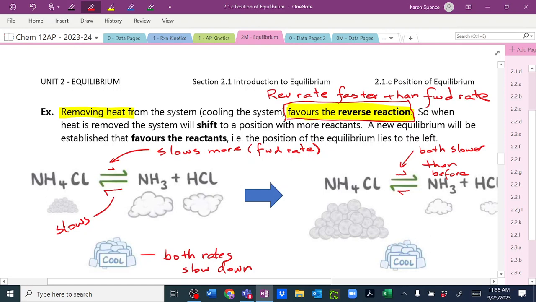And I'll let you know right now that from this, I can tell that the forward reaction is the endothermic direction, because changes in temperature affect the rate of endothermic reactions more than the rate of exothermic reactions.